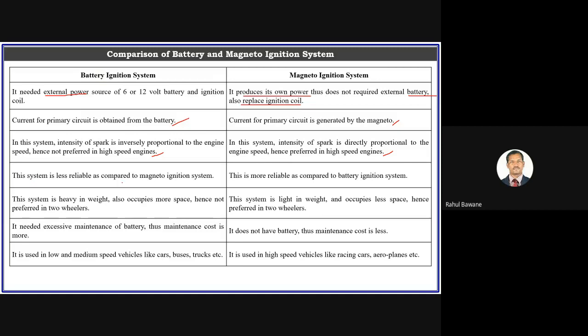This system is less reliable as compared to the magneto system because it has an induction coil as well as a battery, and it requires care to check that your battery should not run out and your induction coil should be properly maintained.